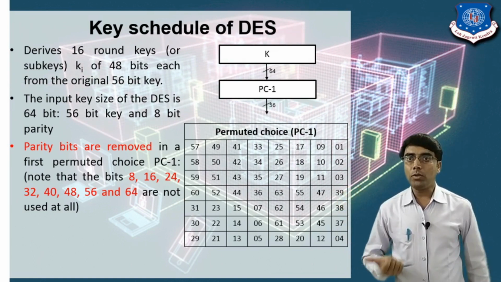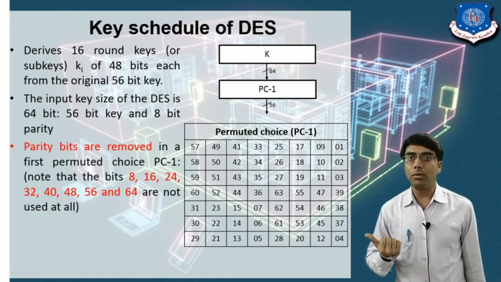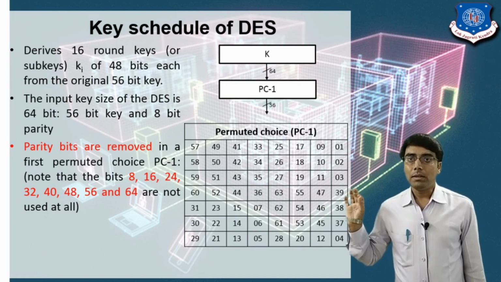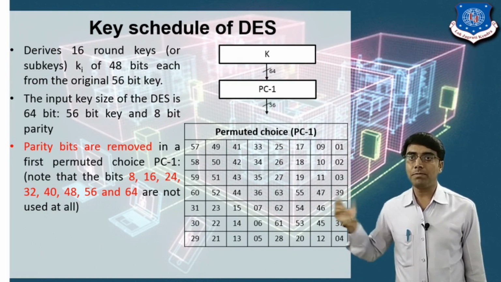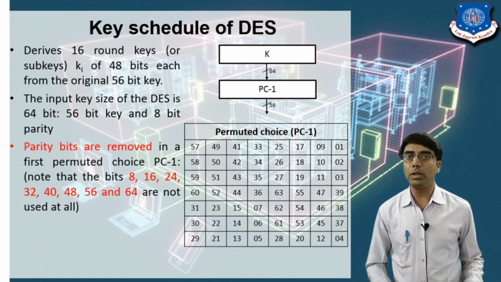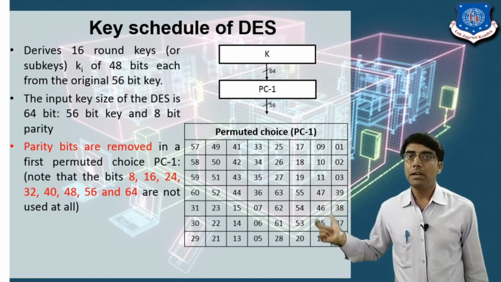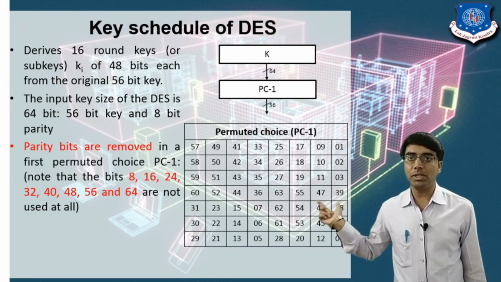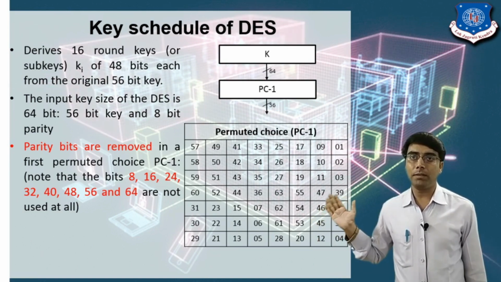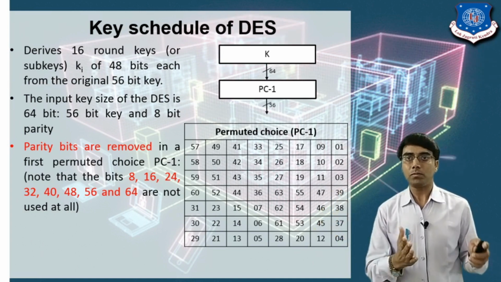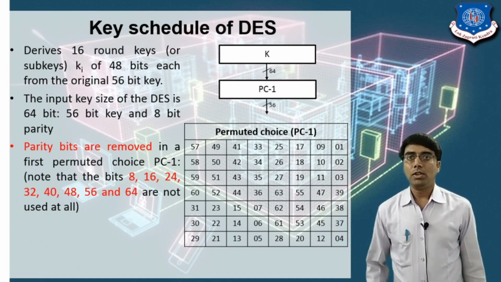So now how do you get 57, 49, 41? I already discussed that the first bit position of the output is replaced by the 57th bit of the original key. Similarly, the second bit position is replaced by the 49th bit of the original key, and so on.